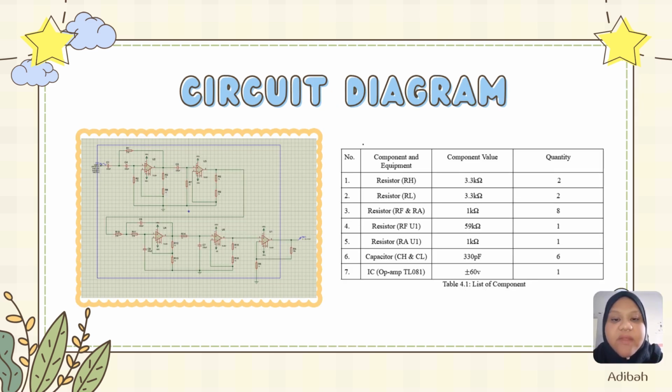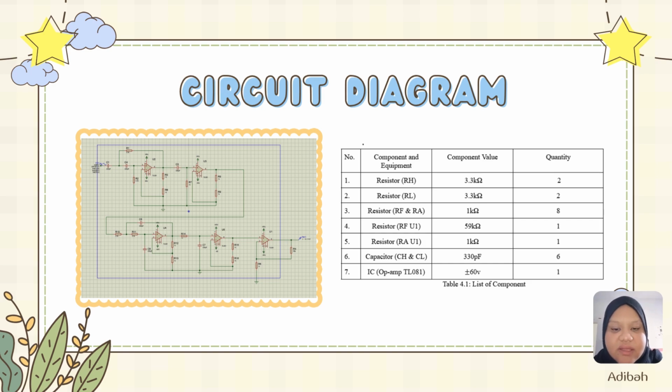Assalamualaikum, my name is Nora Diba. My metric number is CN230406, and this is our circuit, and our components that we use.